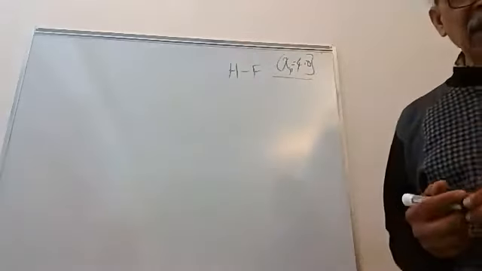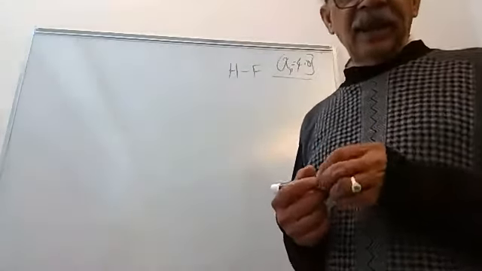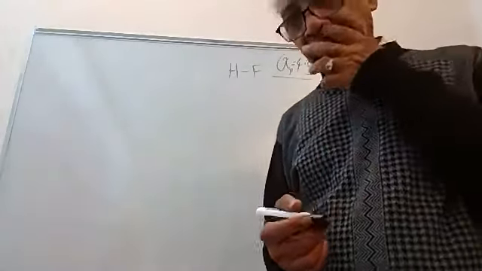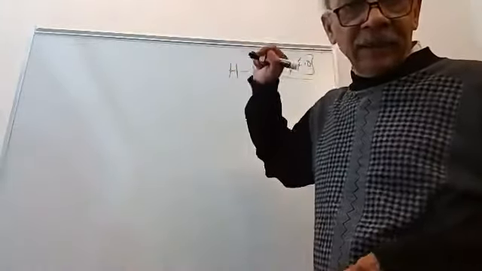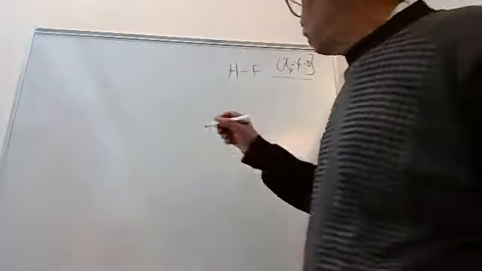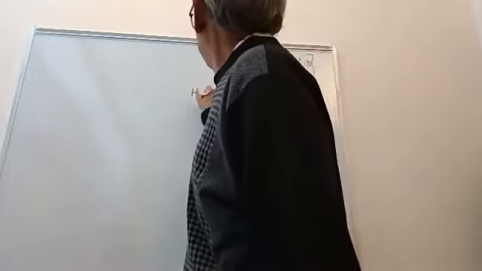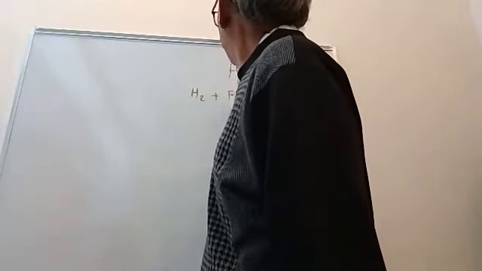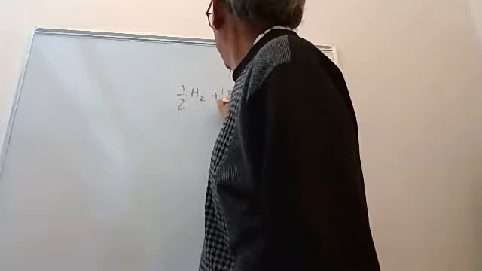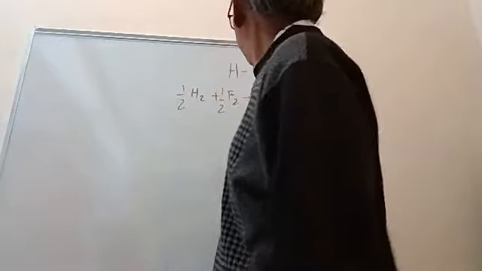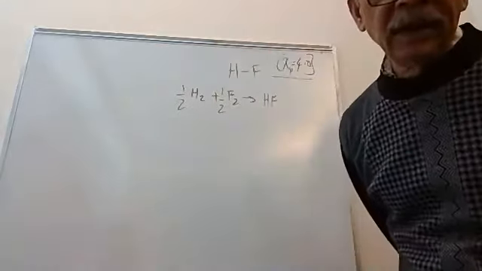Now, if you want to calculate the electronegativity of any other atom, such as hydrogen in this case, what Pauling said is, do this first. Look at 1/2 H2 plus 1/2 F2, giving HF, right?